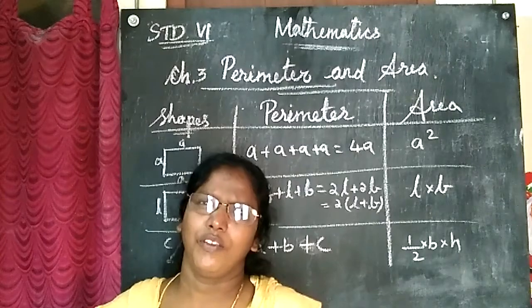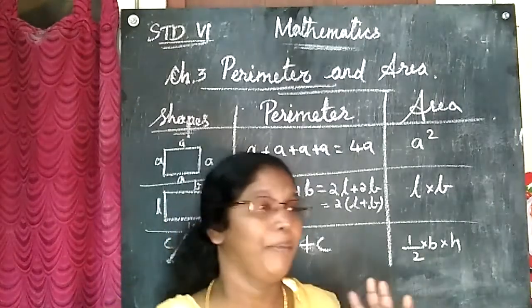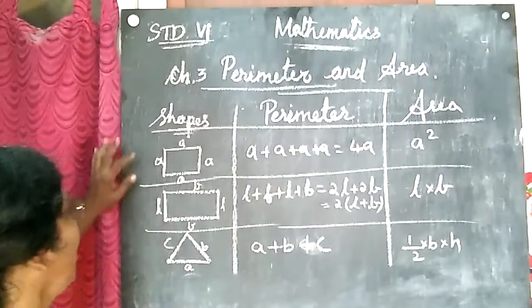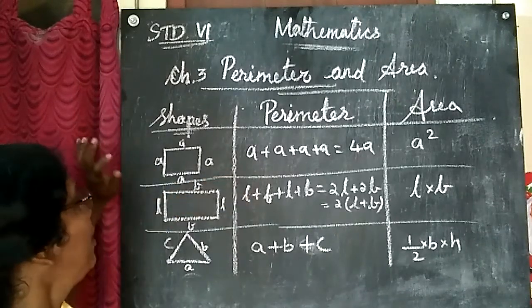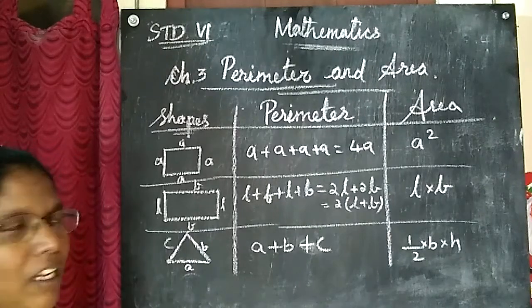If we go on talking about the shapes, we have hexagon, pentagon, so many. But based on this only, all the shapes are coming. So now, how to find out the perimeter and area of square, rectangle and triangle?